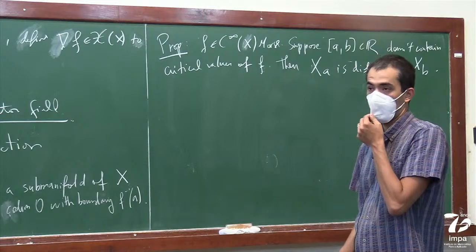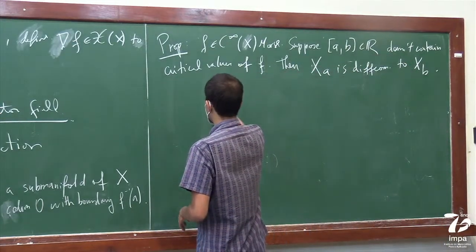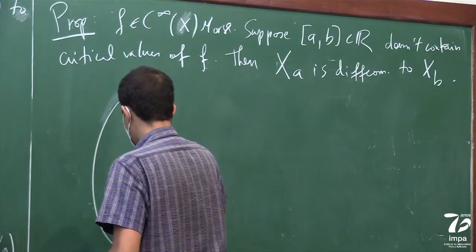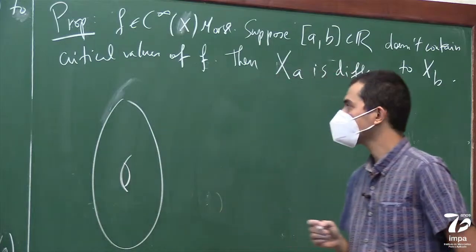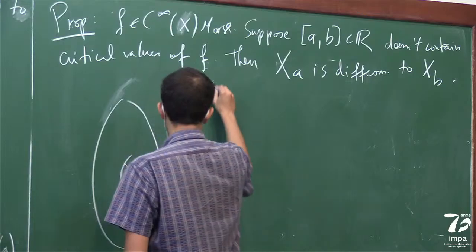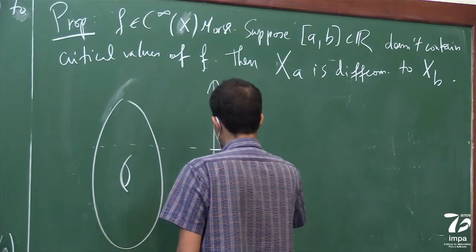Okay, so before the proof, let me draw some pictures so you see kind of what's going on. Say that my manifold is a torus, and I have a Morse function, which is the height. So here's my R, and say I take A here, and I take B here.